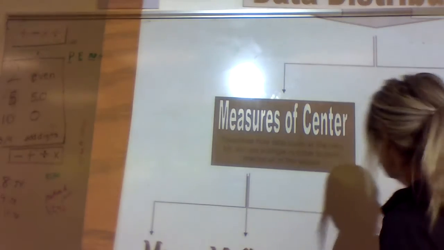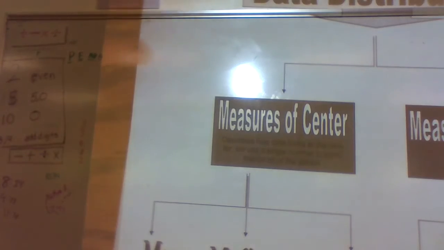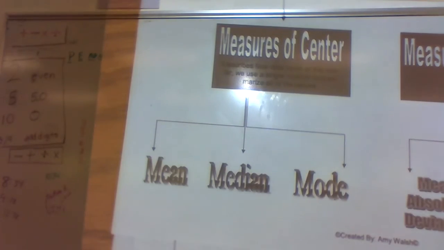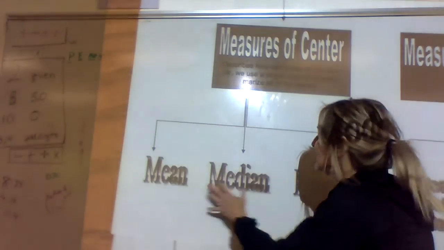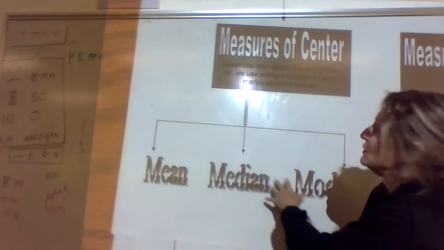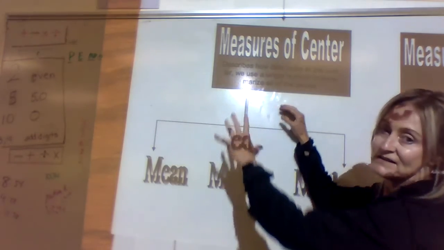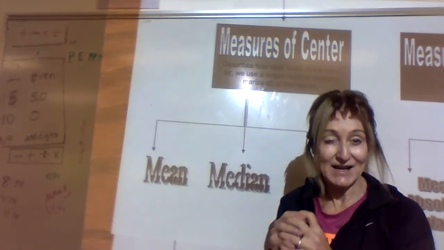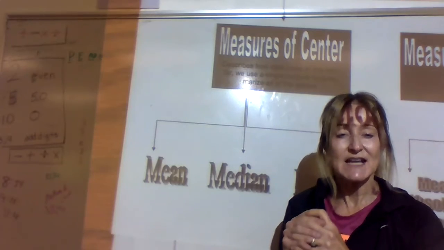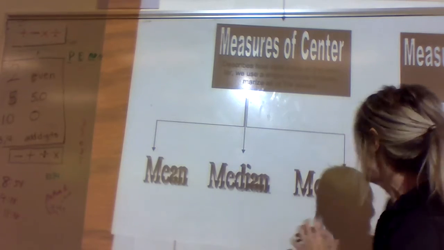The mean, the median, and the mode all tell us where the center of our data is. They're different measures of telling us the center.